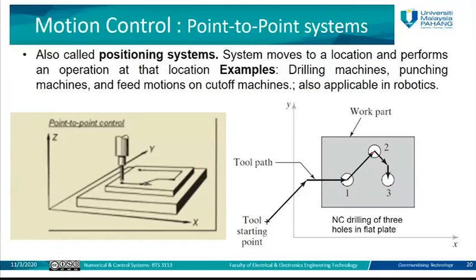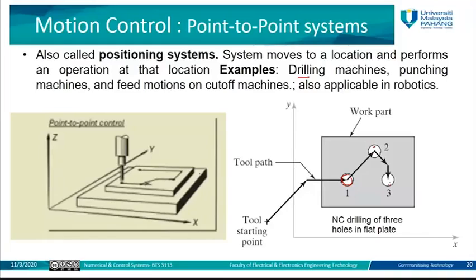It's not required to do any task between these two points. So we are going to make a hole at this point, then the machine will move to the second point and make a hole, then move to the third point and make a hole, and so on. So the machine is required to move to a location to perform an operation at that location. For example, drilling machines, bushing machines, feed motion and cut-off machines, and so on.